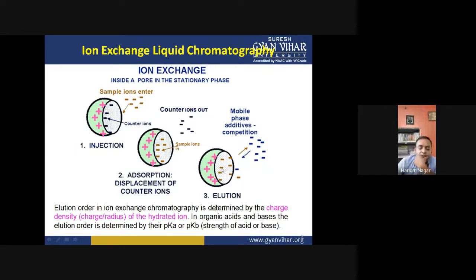So when sample ions have the greater affinity with the mobile phase, they will elute from the ion exchange bed.